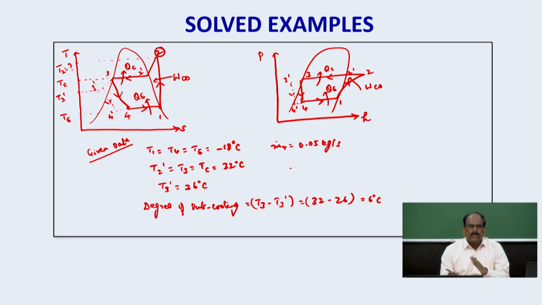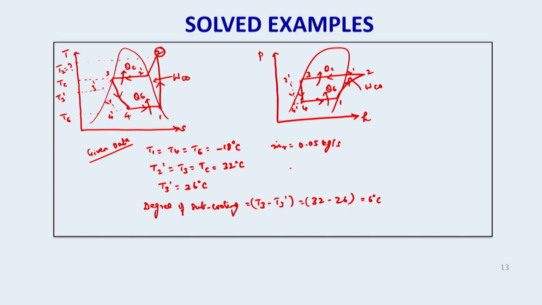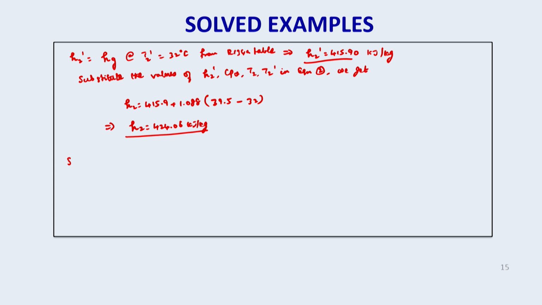The region lying towards the left side of the saturated liquid curve is called subcooled, and the region lying towards the right side of the saturated vapor curve is called superheated region. Finding the enthalpy at state point 3 is easier. Directly we can state. Now let us move to state 3.